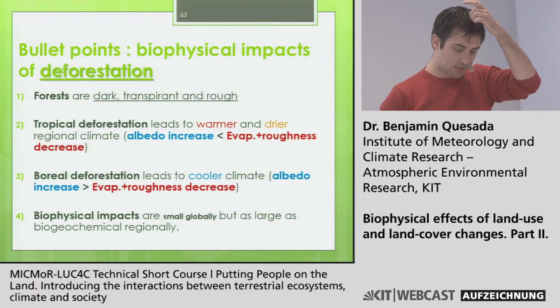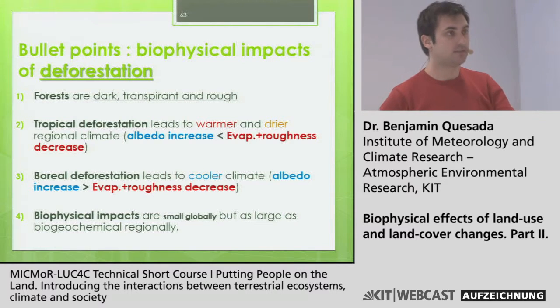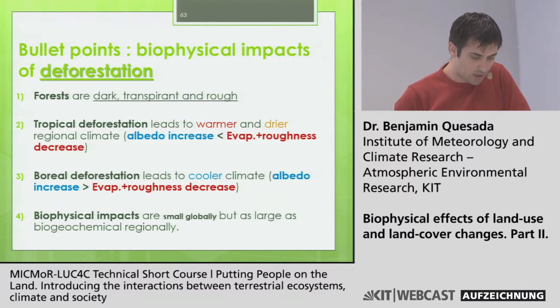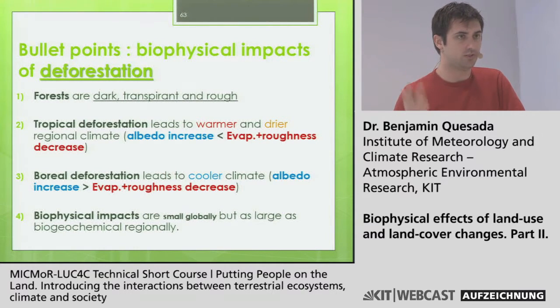Bullet points for the last slides. So, biophysical impacts of deforestation: you have to take into account the three biophysical changes due to deforestation. Because forests are dark, so it implies albedo. Forests are transparent, they imply evapotranspiration efficiency, and rough, so that implies roughness length.